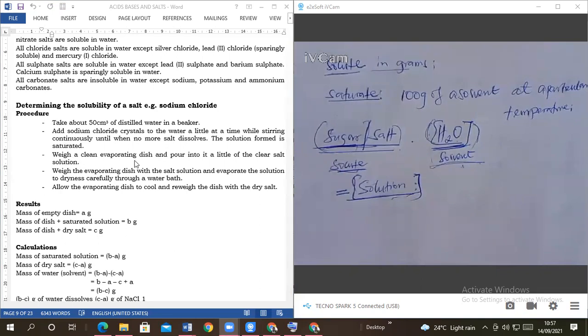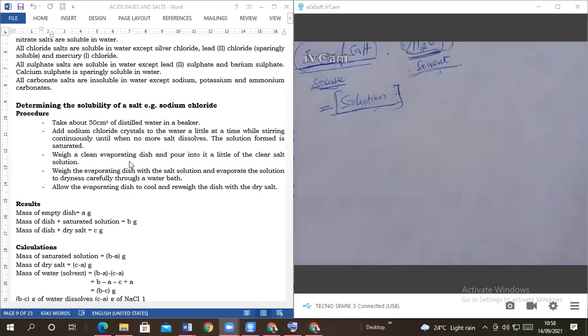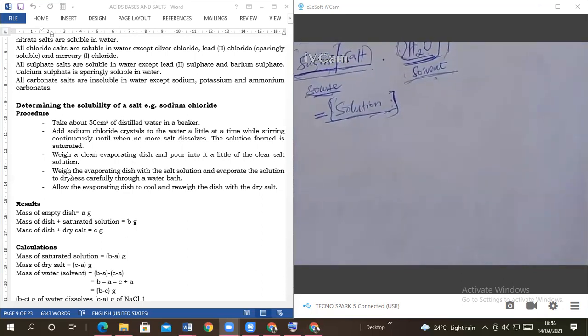Now weigh the evaporating dish. The reason we weigh the dish is that we want to know the exact amount of the solute used, because here we are adding little by little and we didn't know how many grams we added.